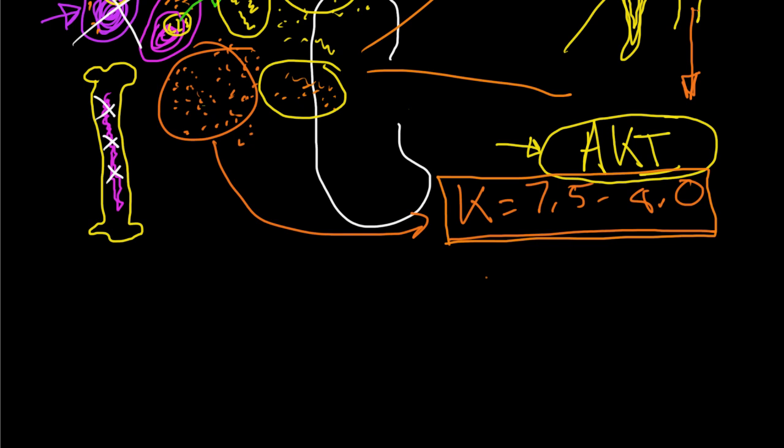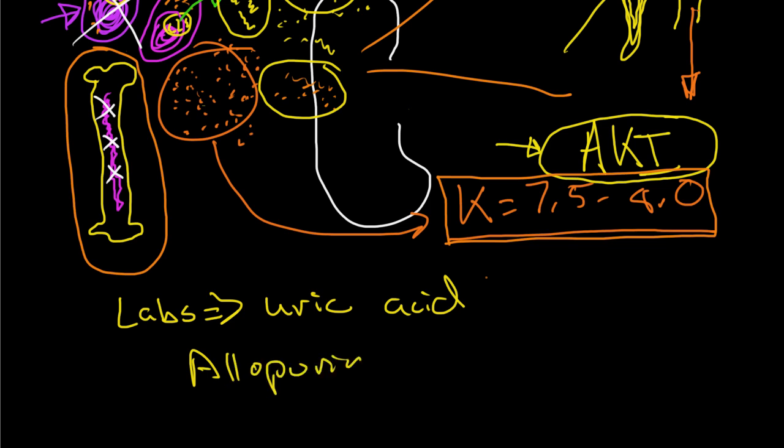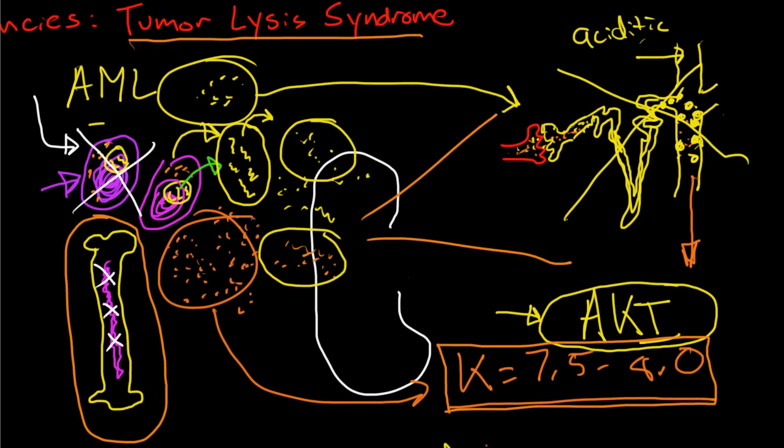So how do we prevent this? Well, we need to understand that when we have patients with acute myeloid leukemia or high-grade lymphomas or very, very bulky solid tumors, we have to anticipate that tumor lysis syndrome is a possibility, and then we send labs on a regular basis and we check uric acid levels, or we can give a medication called allopurinol, which slows down the production of uric acid by decreasing the rate in which we catabolize nucleotides and xanthines into uric acid.